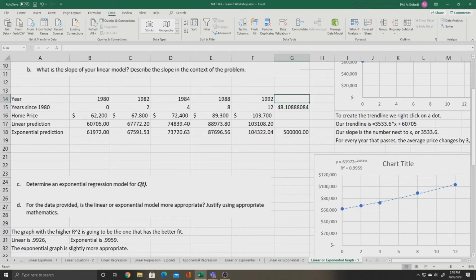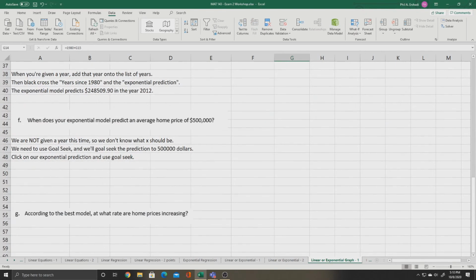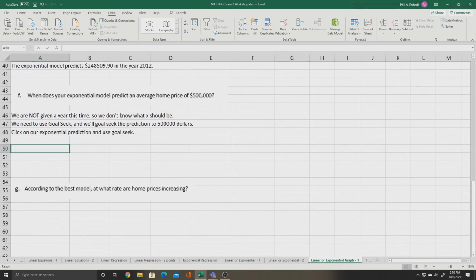Now, remember that was the years since 1980. So at the very end, we have to add back 1980. We'll add that to the years since 1980, and we will get 2028. So our X that came out of goal seek was 48.1.